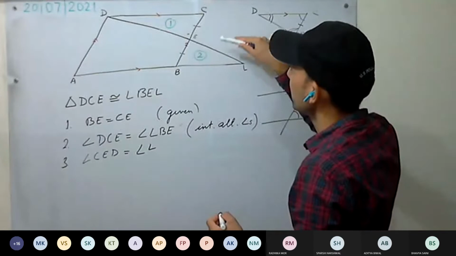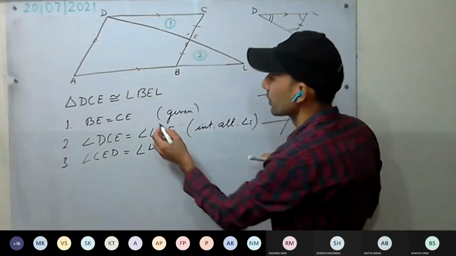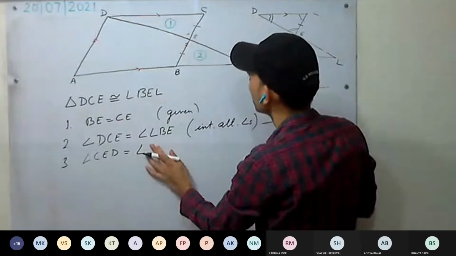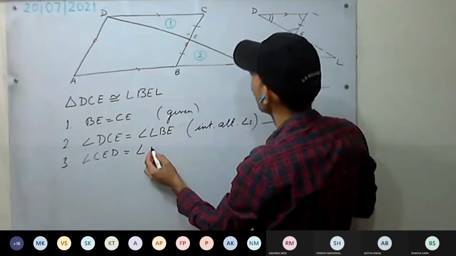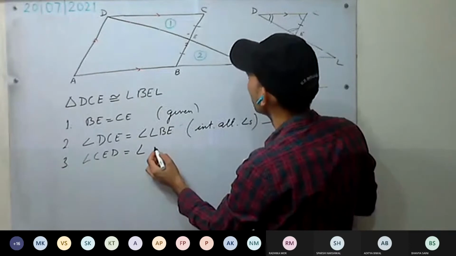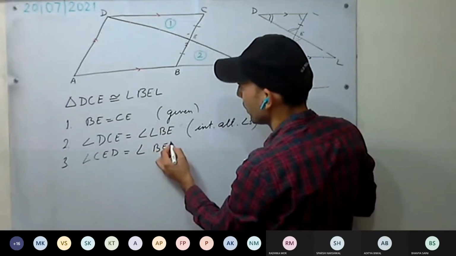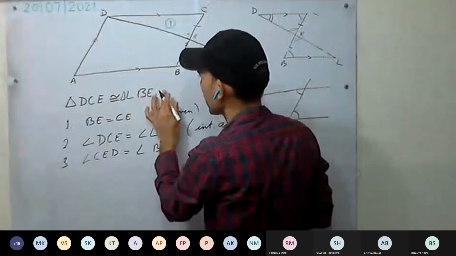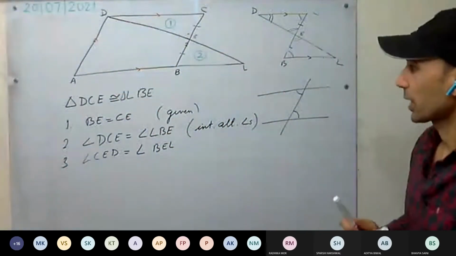So we are taking CED, it will be ELB. Angle CED, angle BEL, triangle LBE.